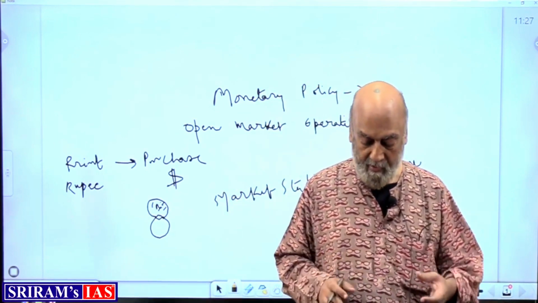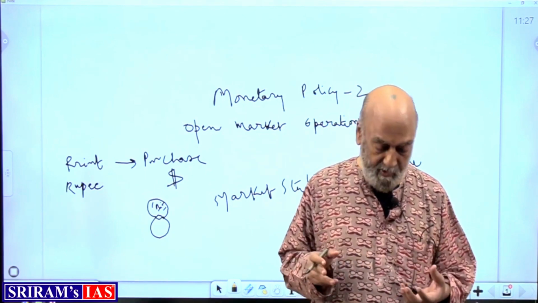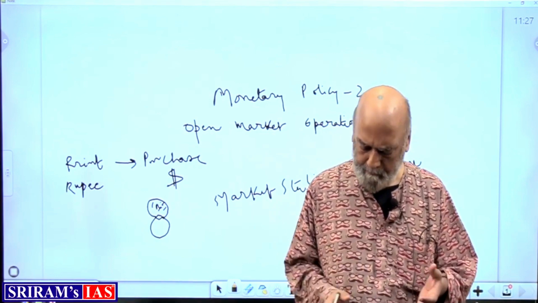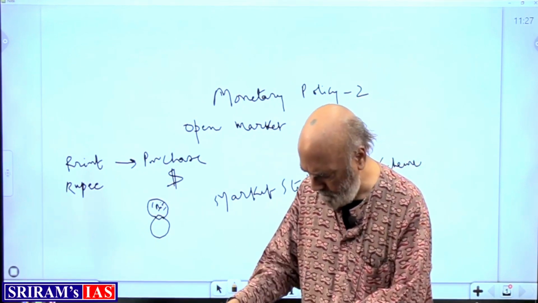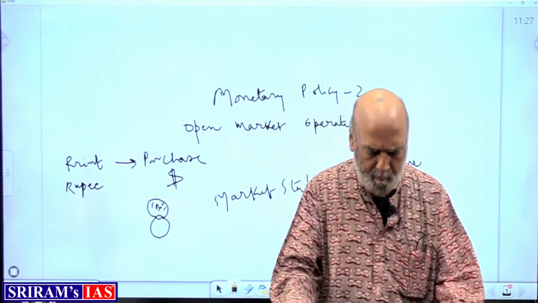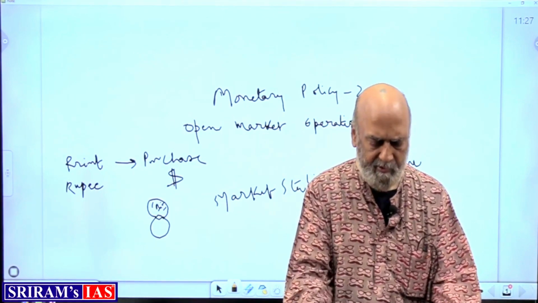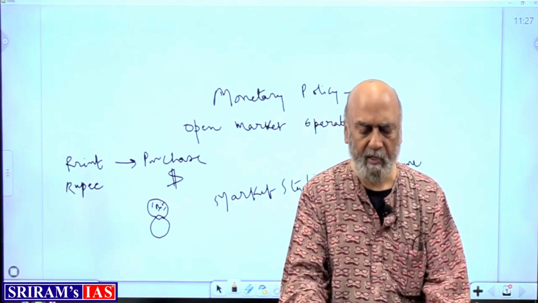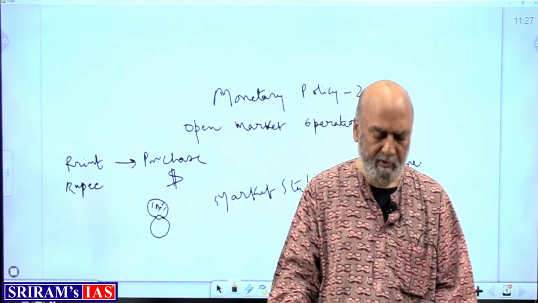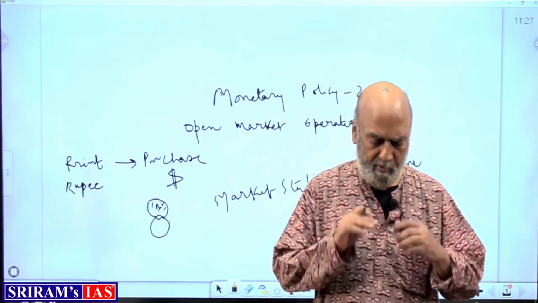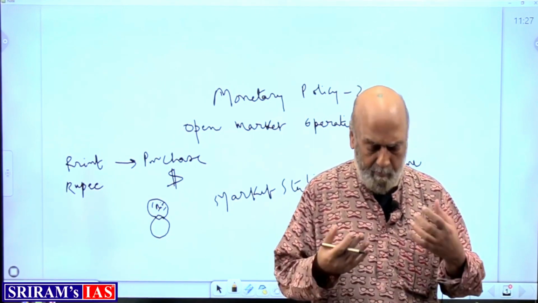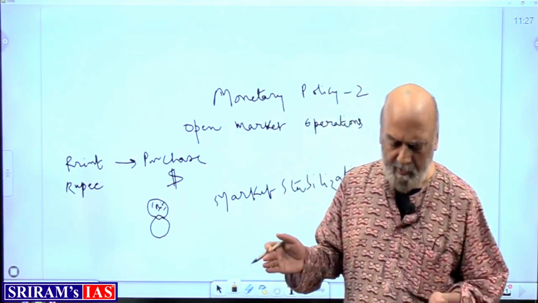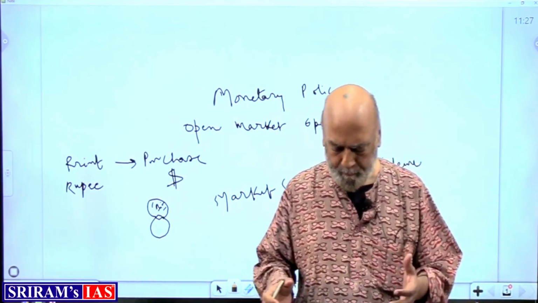For that, RBI will print special securities, government securities, you name them special for some reason, produce them, sell it in the economy. You guys have cash, you don't need the cash, you want to park it somewhere. I won't let you have the cash. Why? It's going to inflate, it's going to destabilize. So take this government security, give me the cash, rupee, I'll give you the interest rate, 10-year, 5-year, whatever.